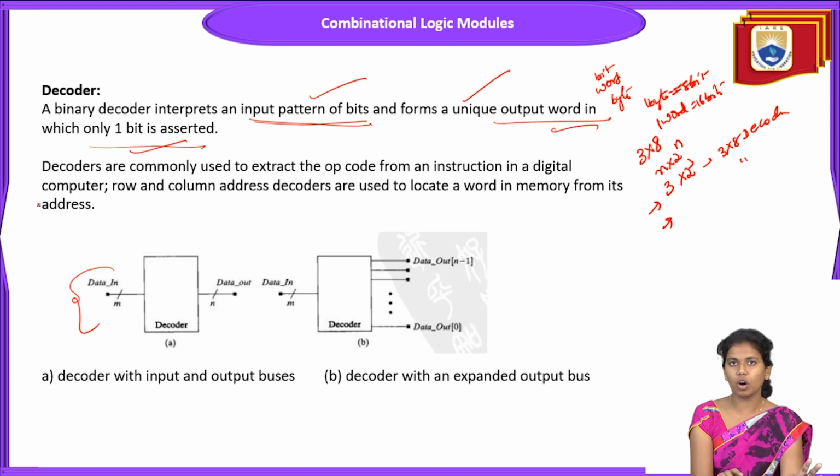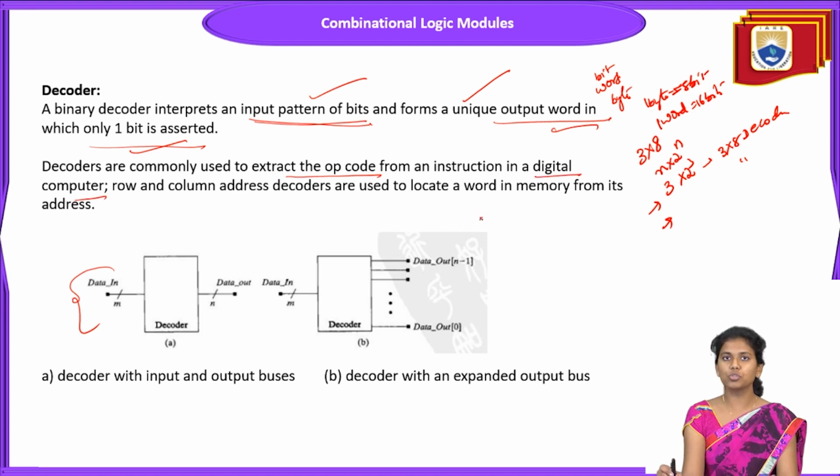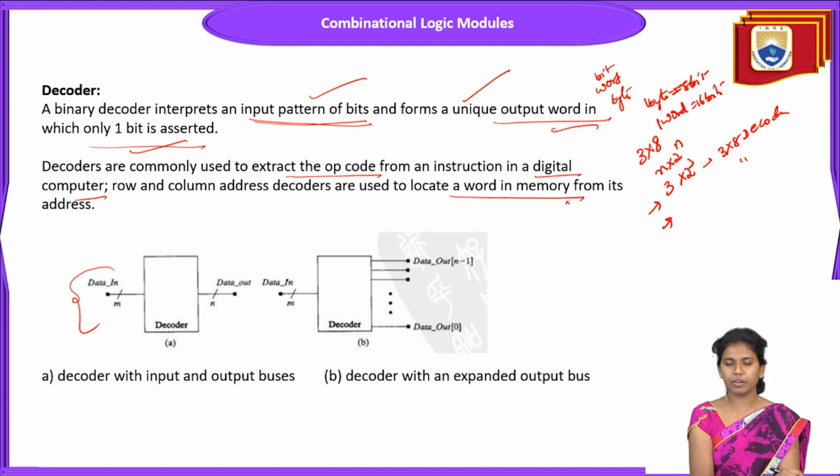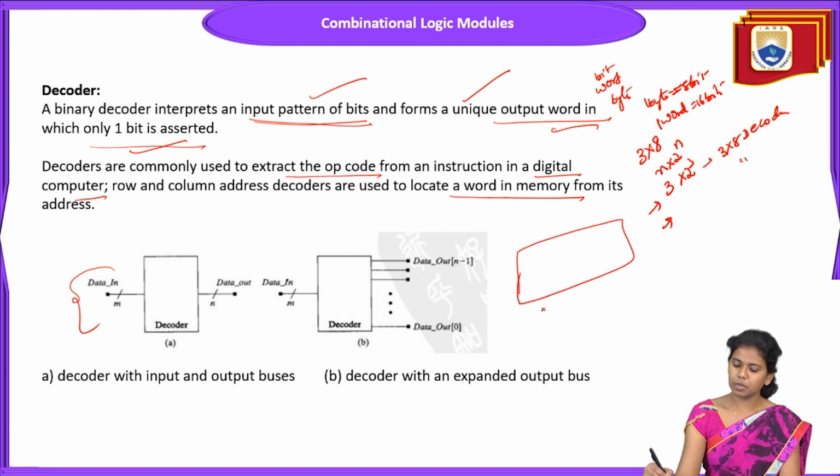So decoders are commonly used to extract the opcode from the instruction in a digital computer. Row and column address decoders are used to locate a word in memory from its address. So it will just locate a word from the memory. Suppose my memory is 215 gigabytes.